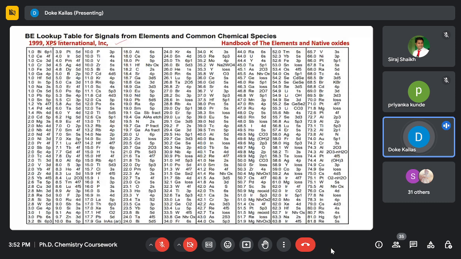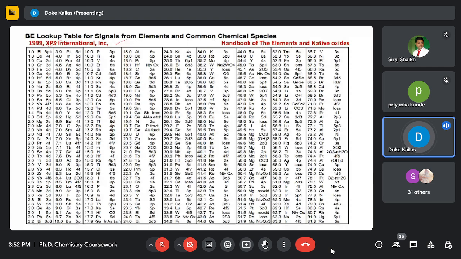The first column consists of three sub-columns. This one stands for the binding energy, 1 electron volt. This is the element bismuth, whose binding energy is 1 electron volt, and its 6p electron has a binding energy of 1 electron volt.